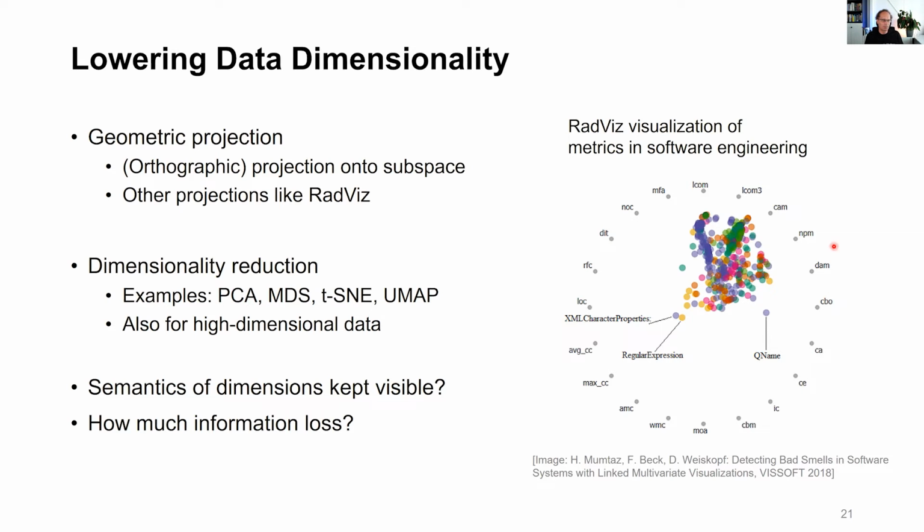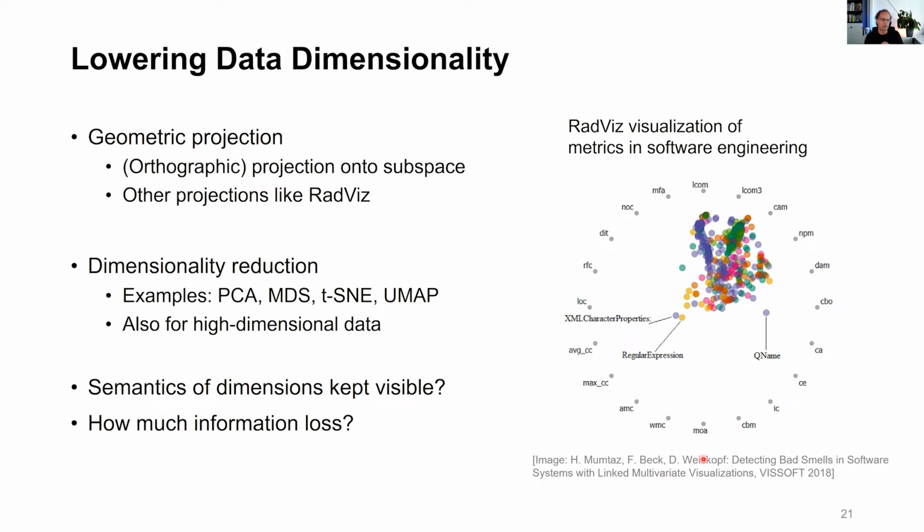Another example is Star Coordinates, and you see a typical example here on the right-hand side. What we have is a number of data items that are being projected onto this 2D space. What's good about this technique is that you still have anchors left of the original data dimensions, shown here by these representative dots at the surrounding of the circular region.